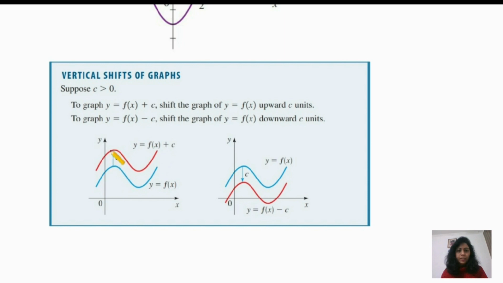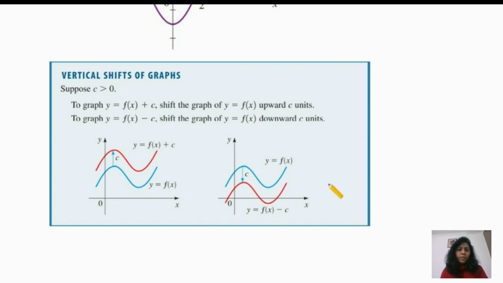Okay, shift up. And to graph y = f(x) - c, shift the graph of y = f(x) downward c units. So this is the original function f(x), and this is f(x) - c. So this is c units downward, shift down.